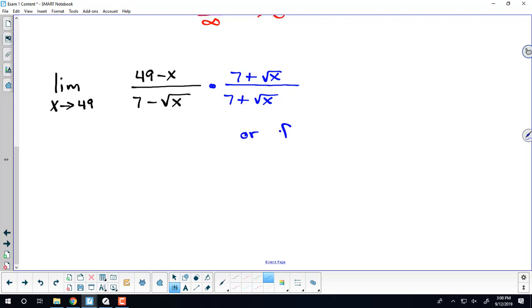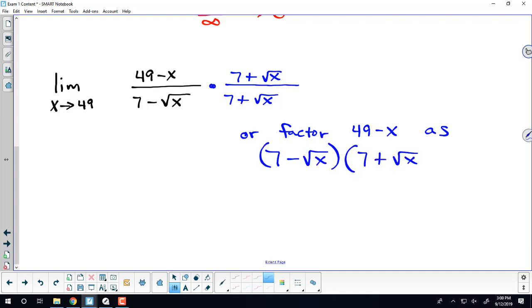Or I could factor 49 minus x as 7 minus root x times 7 plus root x.